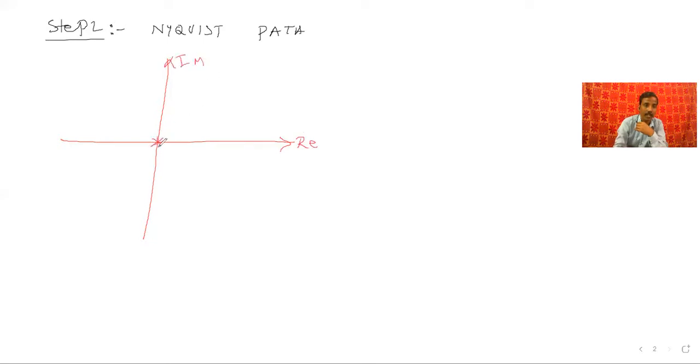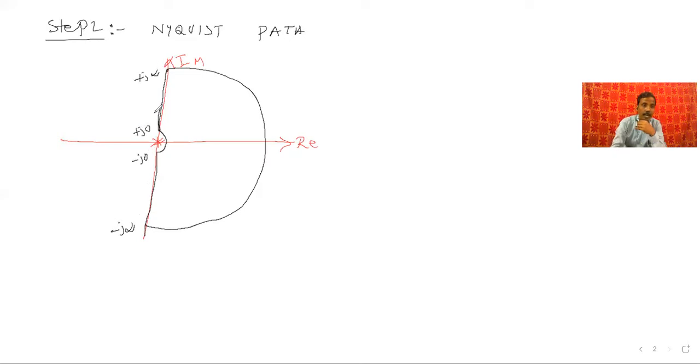At origin, 2 poles. And the path, this is the path, and the clockwise contour. This is the minus j infinity. This point minus j0. This is plus j0.